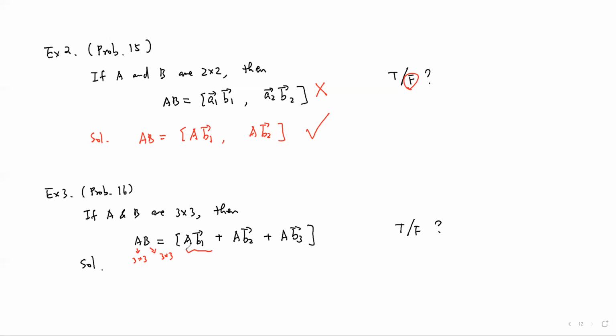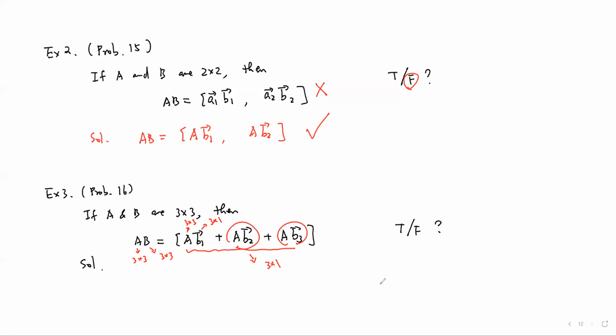Now, look at this sum. A is 3 by 3. The first column of matrix B is 3 by 1. So A times that column is 3 by 1, a vector. And each term is a vector. Vector plus vector plus vector is a vector. So this sum is a 3 by 1 vector, not equal.